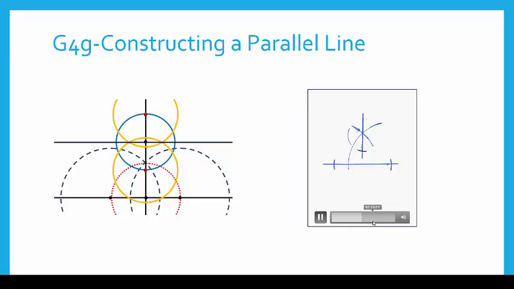So you're drawing that one line to get a perpendicular line to the original, and then you're doing a perpendicular to a perpendicular, and you're going to get this other line that comes through, and that is constructing a parallel line.